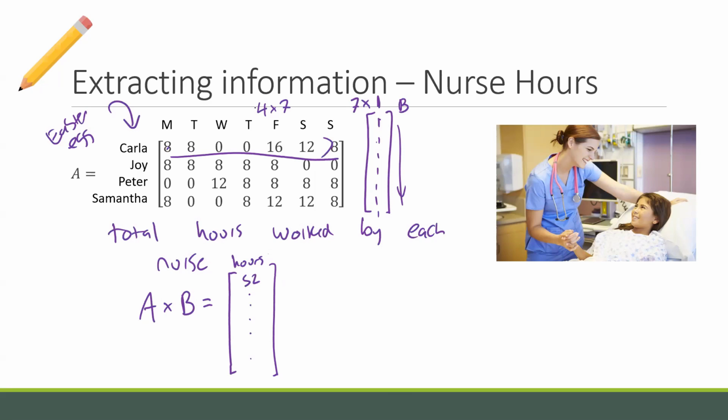This will create a 4 by 1 matrix, sorry, because it's going to be 4 by 1. So there's going to be all the hours for Carla, all the hours for Joy, all the hours for Peter, and all the hours for Samantha. And that's going to create your table.